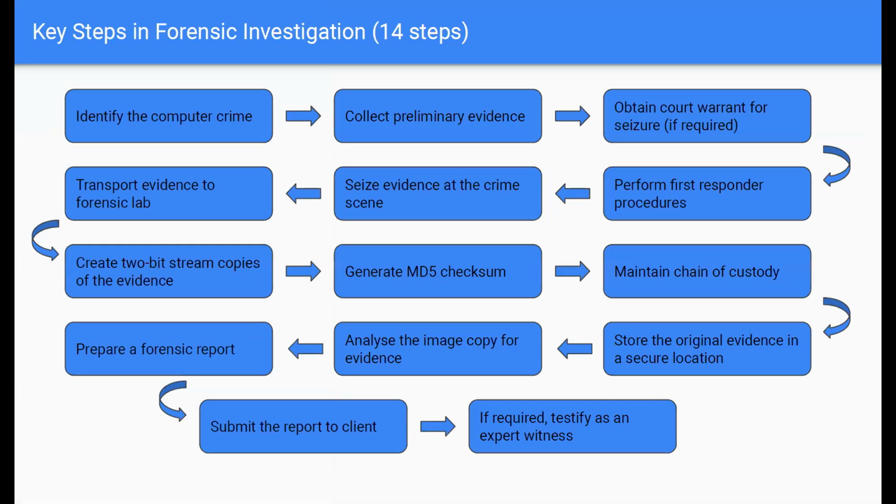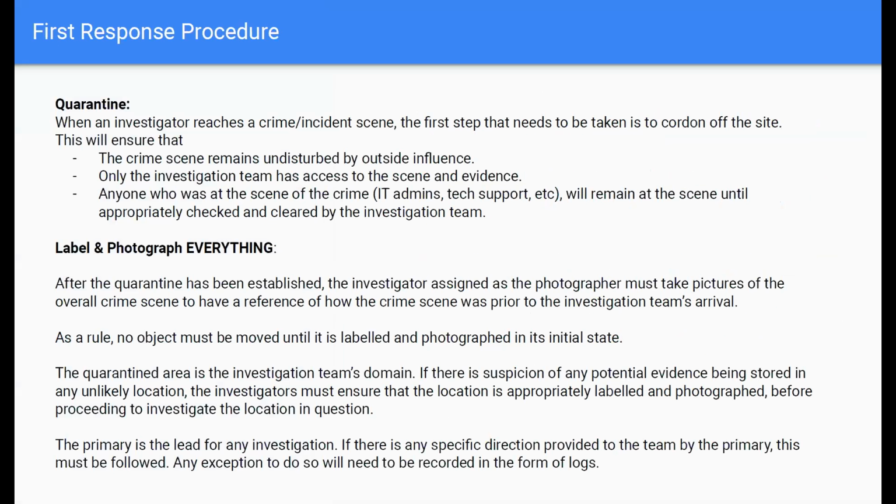And then your first responder procedures. When you, as an investigator, go to a crime scene, the first thing you need to do is quarantine. And when I say quarantine, I mean cordon off the site. So let's say this is a server room, 10 by 10 meters, for example, and there are two servers inside.